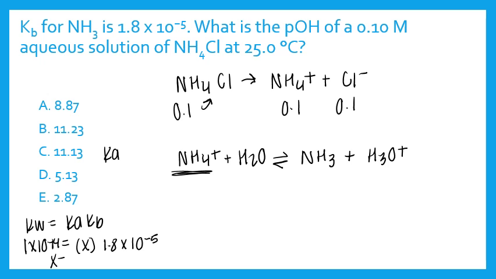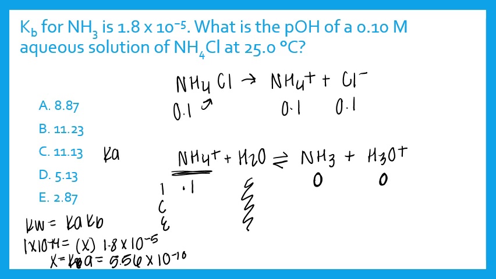So we get our x, which is equal to our Ka, my bad, to be equal to 5.56 times 10 to the negative 10th. So that is what we will use. So we're going to set up our ICE table, and we know that we have 0.1 starting here, don't care about water, 0, and 0, minus x, plus x, plus x, so this becomes 0.1 minus x, this becomes x, that becomes x.